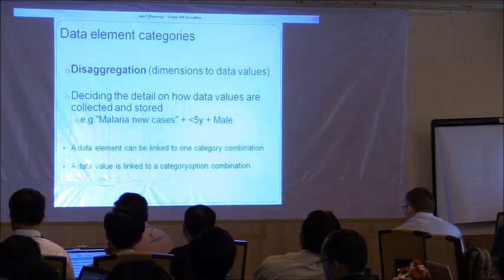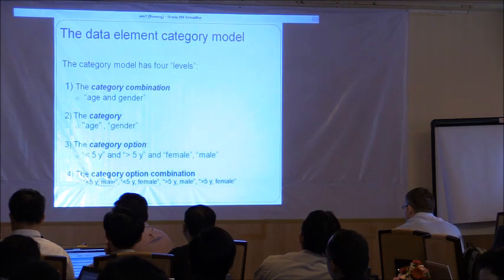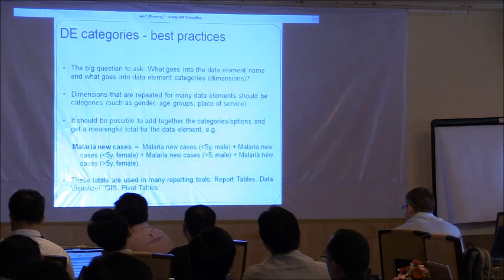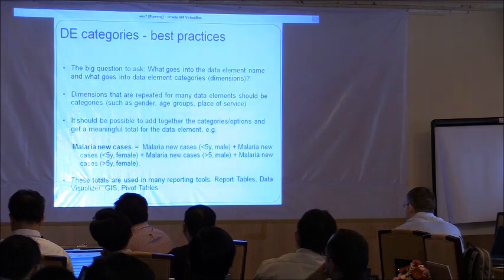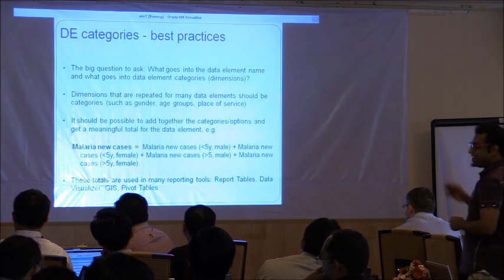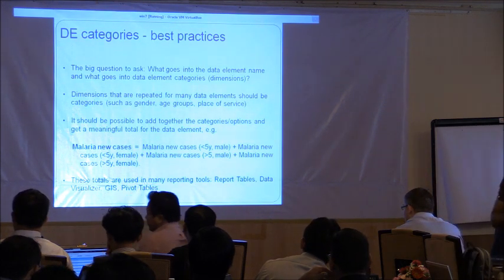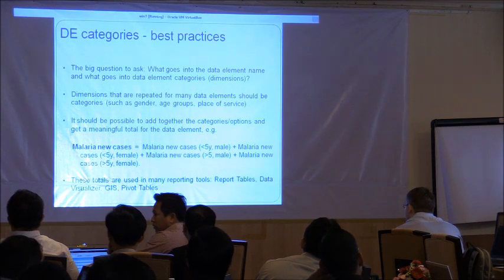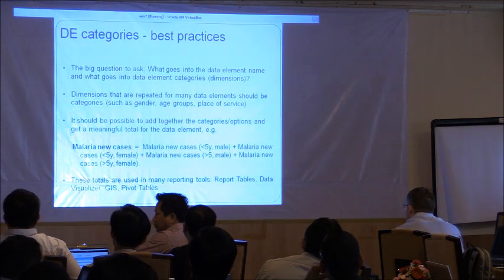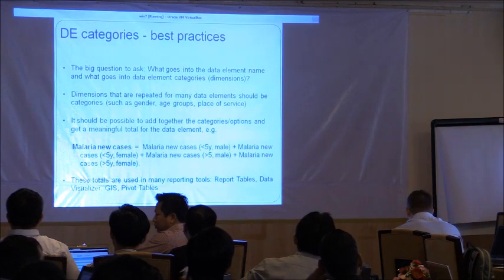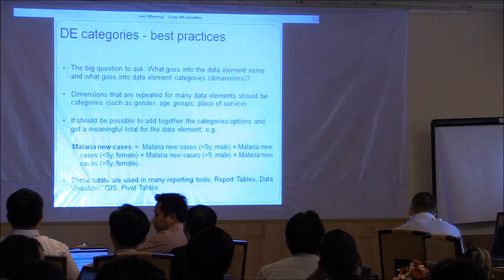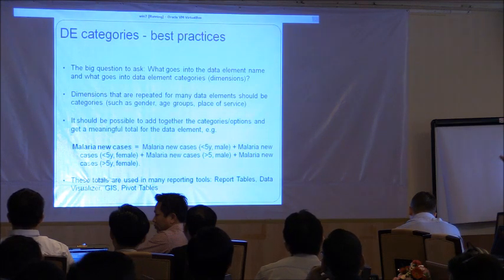Some best practices: one of the biggest questions is what should be a data item and what should be categories or disaggregation. People look at the form and say everything in the column is a disaggregation, but it's not. We have to make sure what goes where.